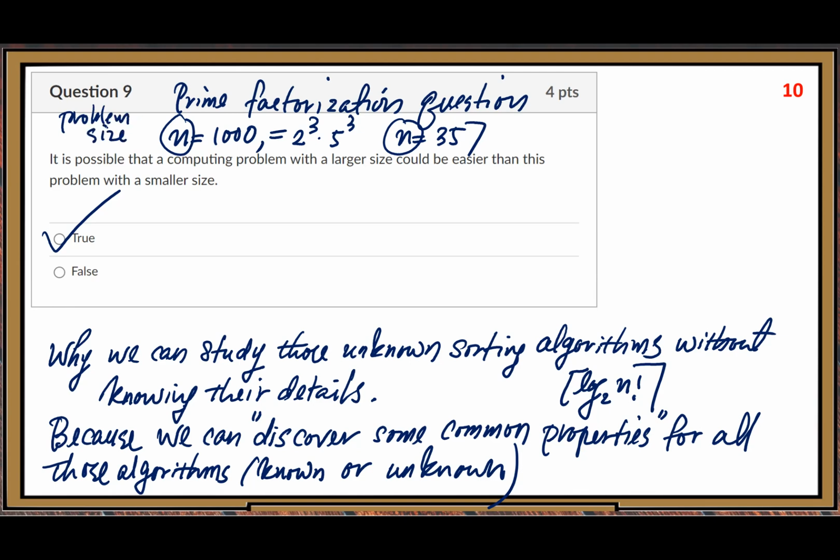Here the problem size is different from what we used before. When we have an array, we use the number of elements in the array as the problem size. But here there is only one number, so what's the problem size? It is the magnitude.